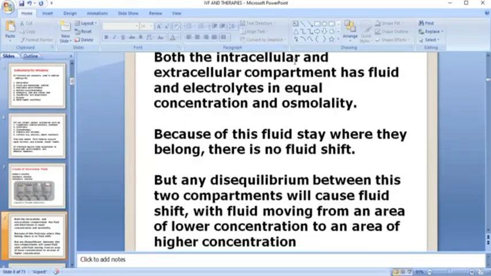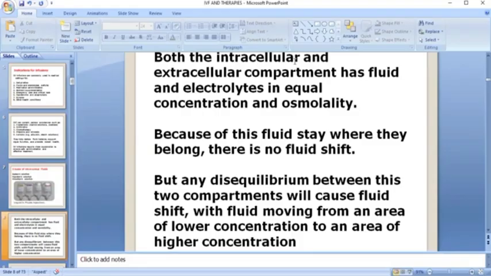Normally, the intracellular and extracellular compartments in our body have what? Fluids and electrolytes that have equal concentration and osmolarity. That's why we don't have a shift, and no movement of fluids and electrolytes from one compartment to another.